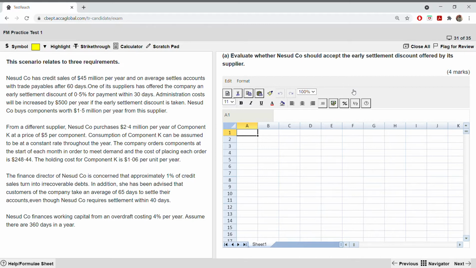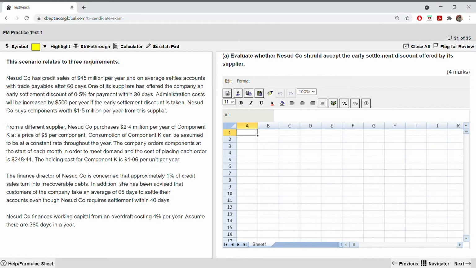The company, Nesot company, has credit sales of 45 million per year and on average settles accounts with trade payables after 60 days. Okay, one of its suppliers has offered the company an early settlement discount of 0.5% for payment within 30 days. What is the early settlement discount?